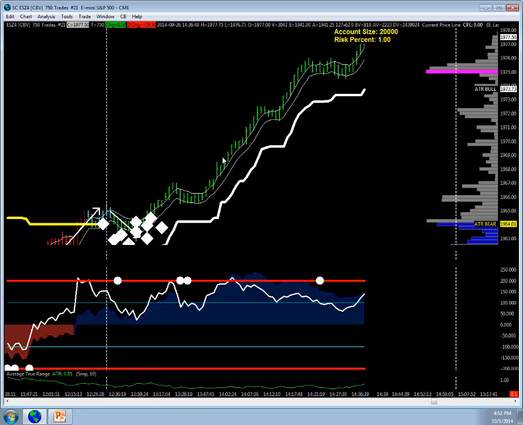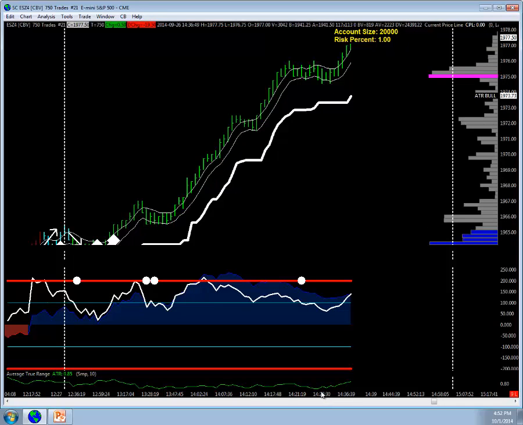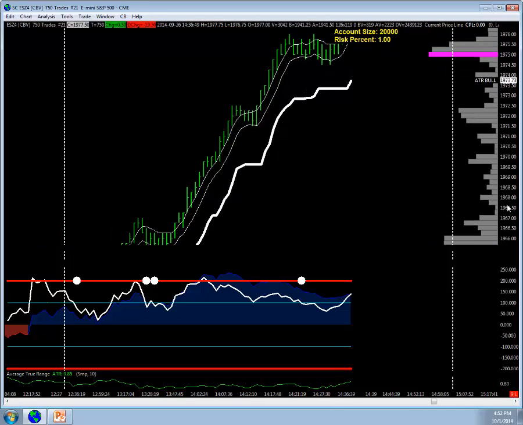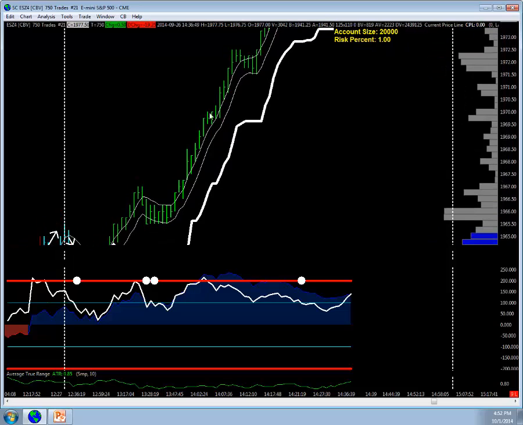Price is rising above the 5-bar average high and the 5-bar average low, so it has its own little mini channel. Does everybody see the mini channel here in price and the 5-bar average high and low of price?